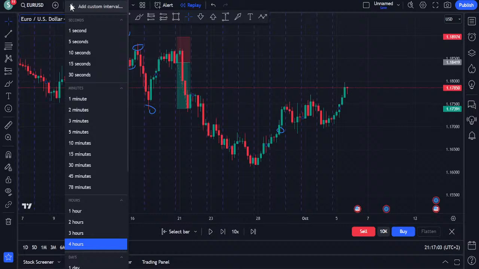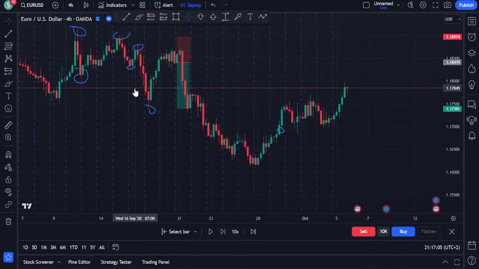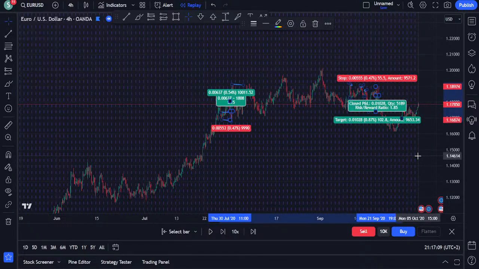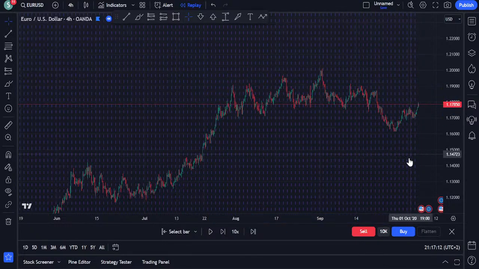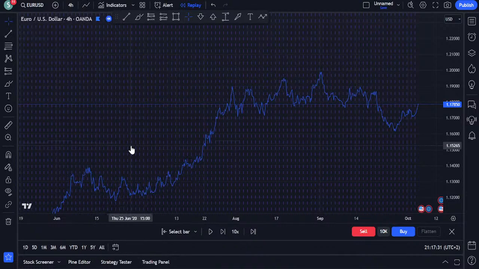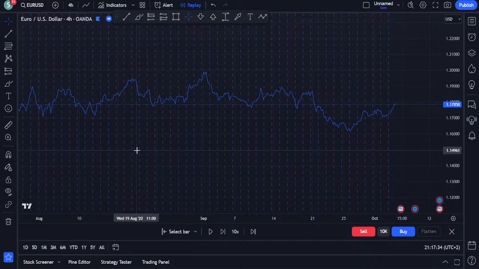There might be another way to do this. Let's zoom out, let's clear it. Let's see now. Isn't there a line? Or we can't use range charts. Or we can use range charts, but we can't use the replay function. Let's go with line. Does it work? That kind of works.